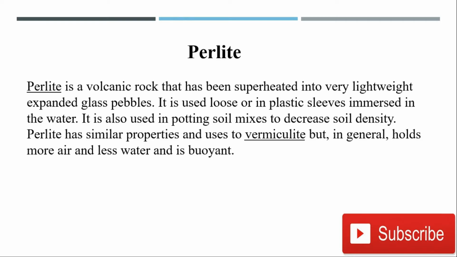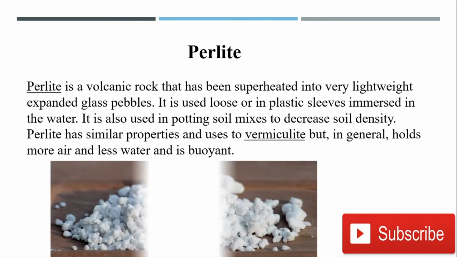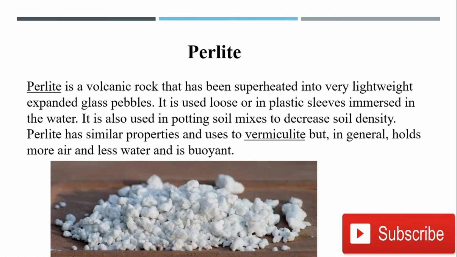So it is also an important medium that you can use in the hydroponic system to retain water, maintain the pH in the root zone, and reduce evaporation. These are important characteristics of perlite.